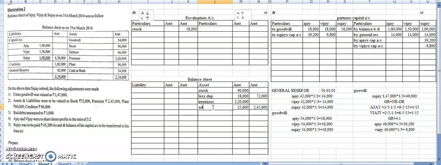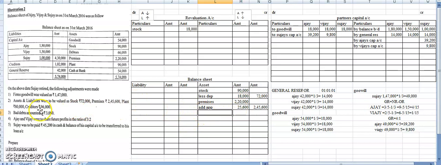So we need to add appreciation. When we add, the answer comes to 2,45,600. Very simple. We just need to adjust. We need to see the original amount and the amount which is given in adjustment, and we need to adjust. We need to add, we need to deduct. Okay. Same way we will go for the next.